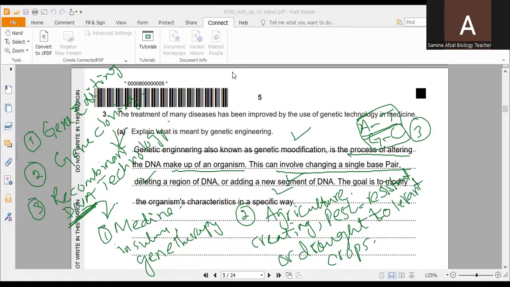Number 3, we make use of this in research to study gene functions. So in this way, genetic engineering is involved in many fields of our life.